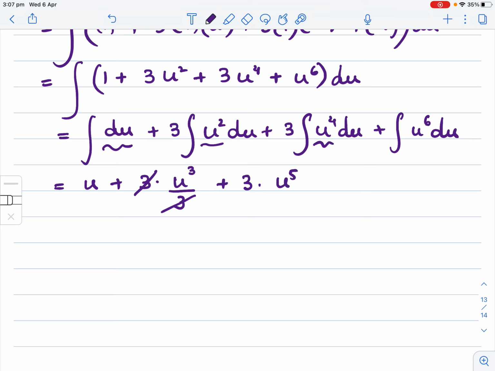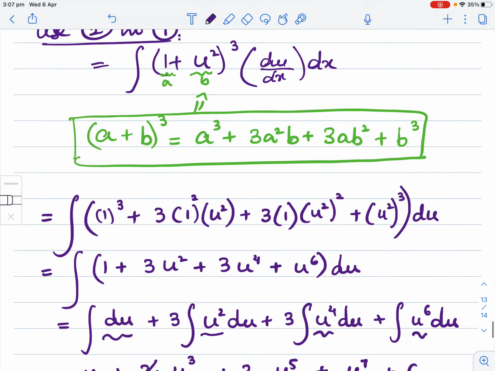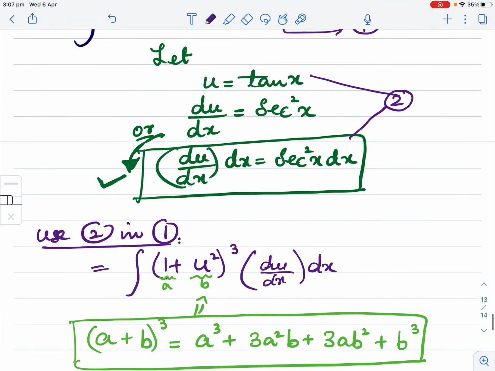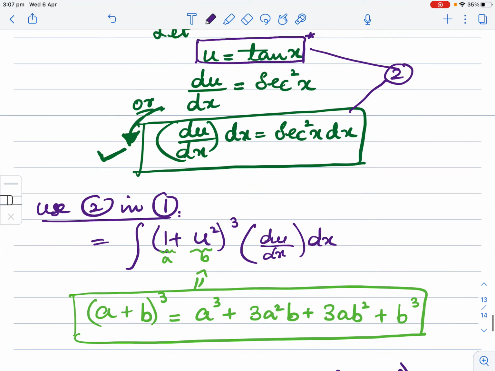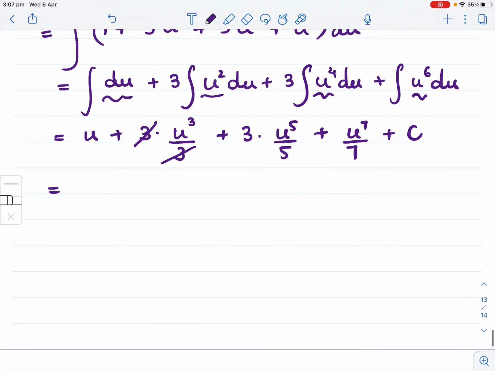The integral of u^4 is u^5 by 5 plus the integral of u^6 is u^7 over 7 plus constant of integration. And now this is the time to substitute the value of u, which is tan x, from equation 2.